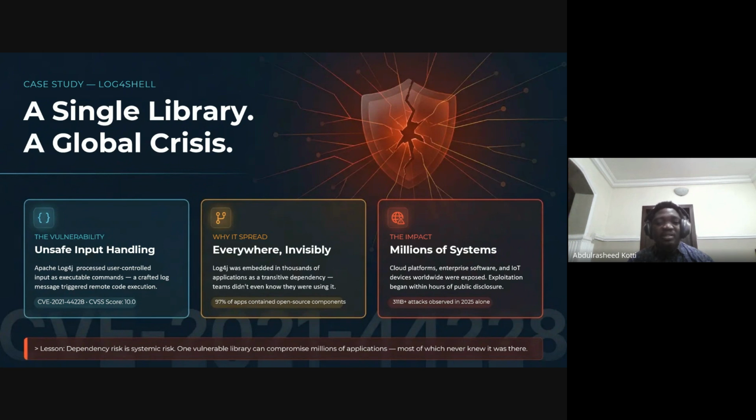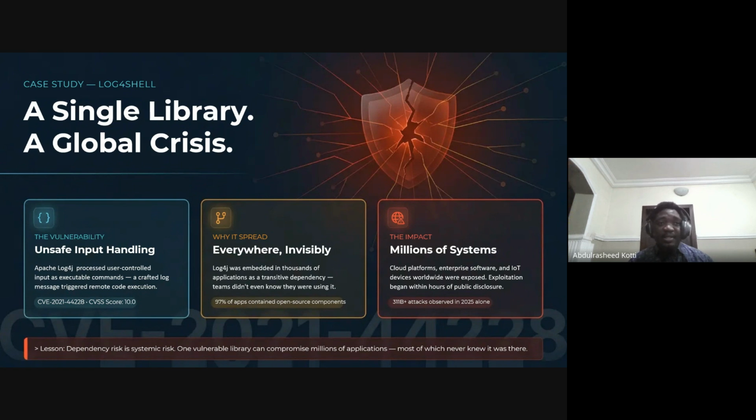And devs did not know it was a part of their apps because, as I said before, it was a dependency tied to another one, and they had no idea that they were making use of it. And that issue spread very quickly. In such a short time, millions of systems were exposed. Attackers began to exploit this almost immediately.